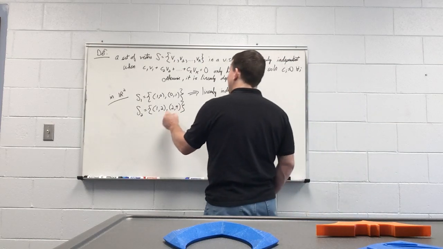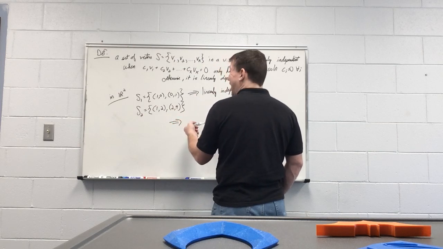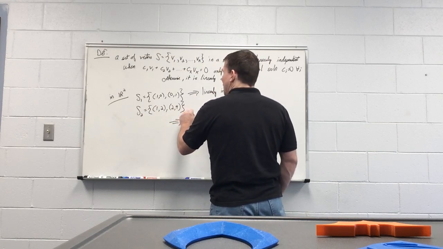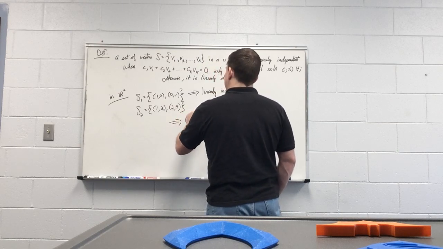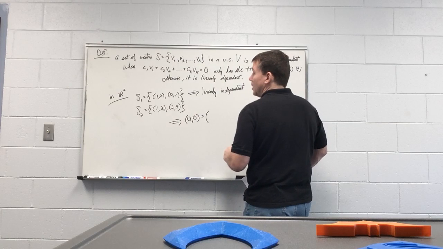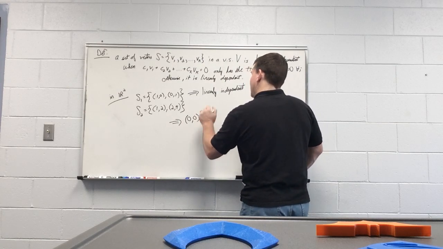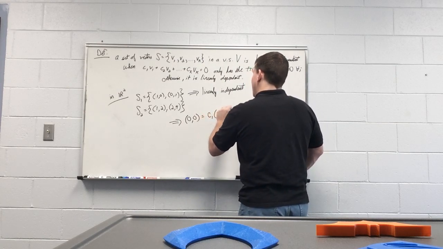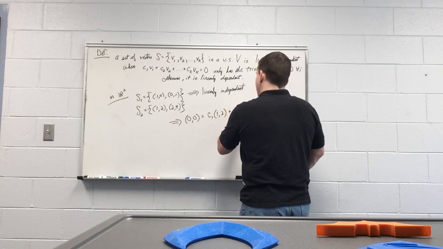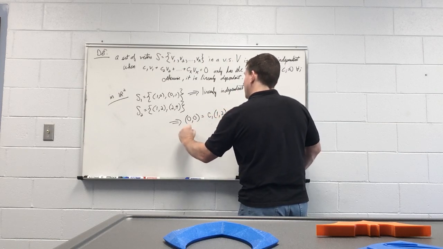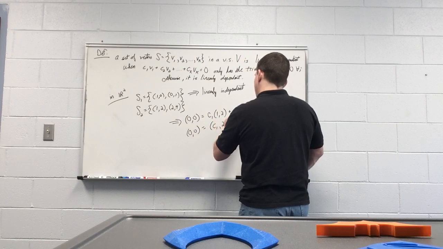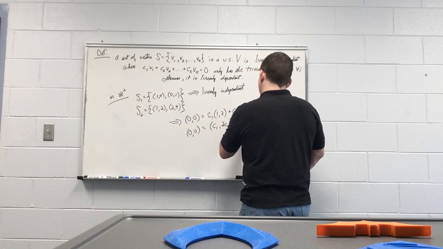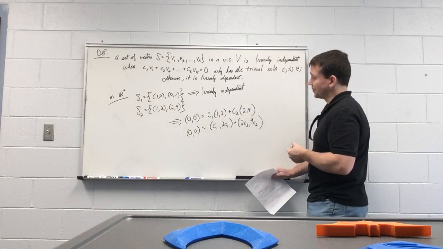Well, I guess we can try to check it really fast. I had wanted to not check all of these, but whatever. So we have, let's see, (0, 0) is equal to c sub 1 times (1, 2) plus c sub 2 times (2, 4), which equals (c sub 1 plus 2c sub 2, 2c sub 1 plus 4c sub 2).